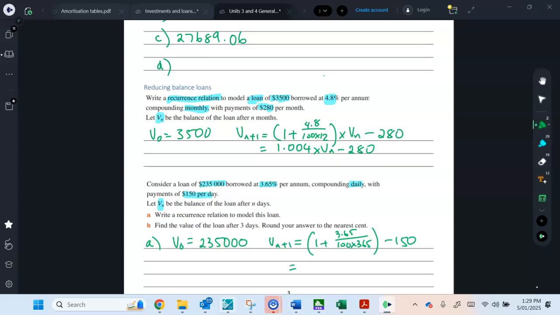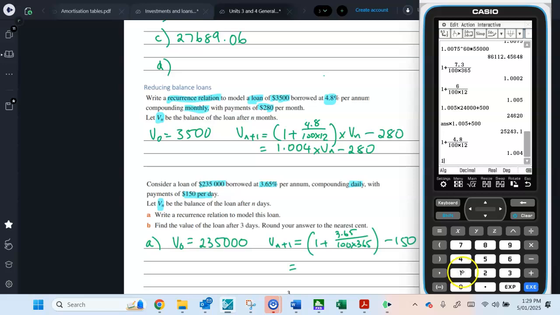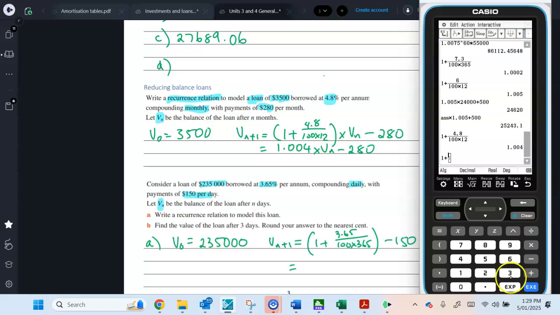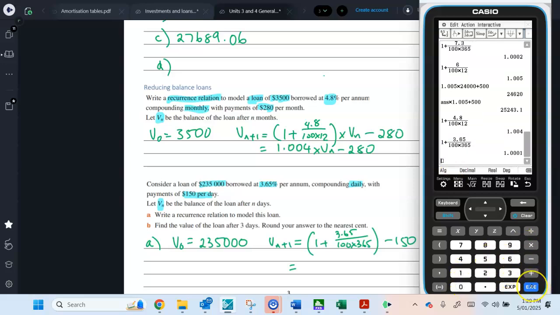I know I should be able to do this in my head, but I feel like I'm going to miss a decimal place if I did. So I'm just going to do it on the calculator. So 3.65, times 365. 1.0001.